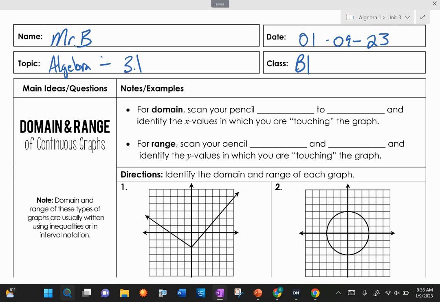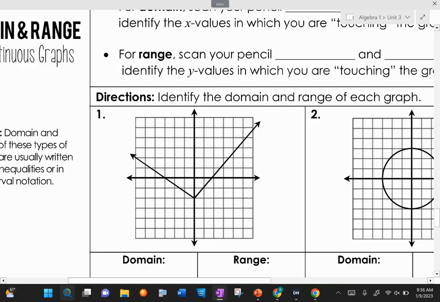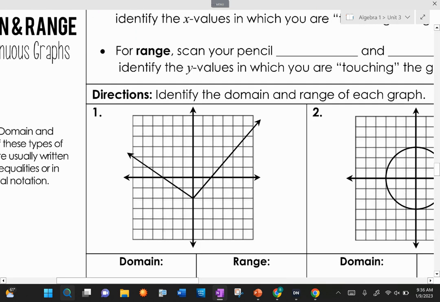So domain and range, okay? Let's say we have a graph that has, for instance, number 1 down here. We have a graph that has multiple solutions on it. Where do the solutions fall on this graph? Why does that line exist?